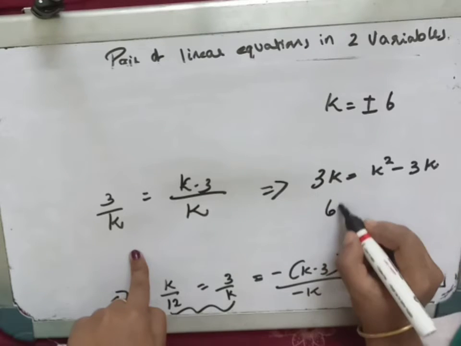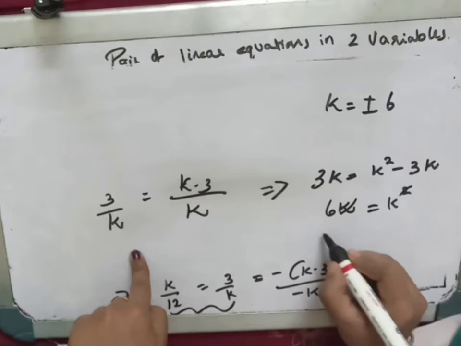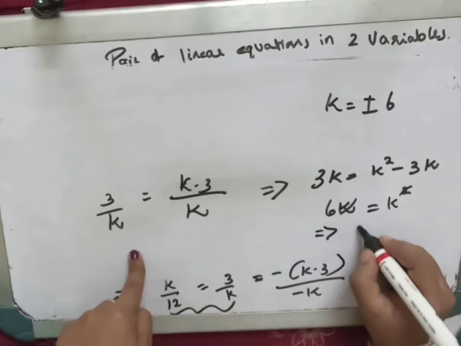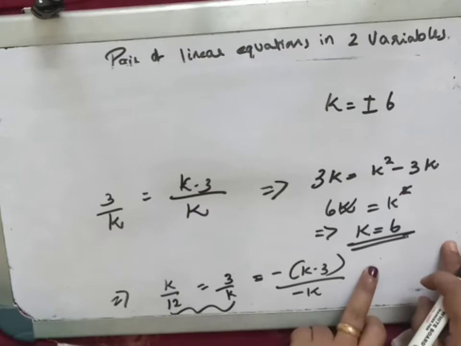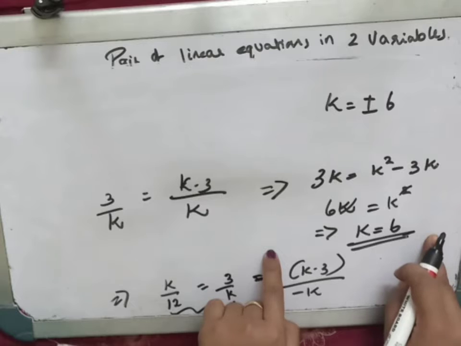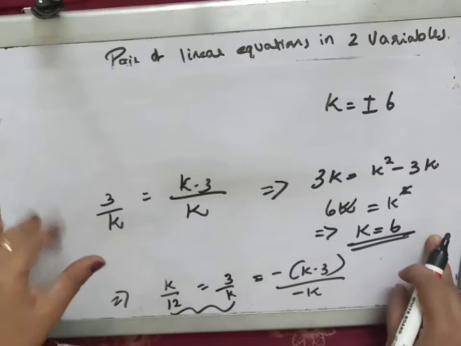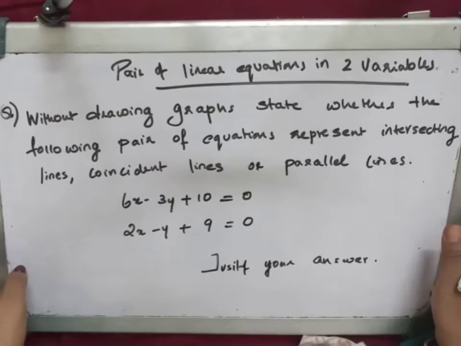So we have 6k is equal to k square, k cancels out from both sides, so we have k is equal to 6. So positive value of 6. So k is equal to plus 6 in order to have infinite number of solutions for the given set of equations. So hence solved.